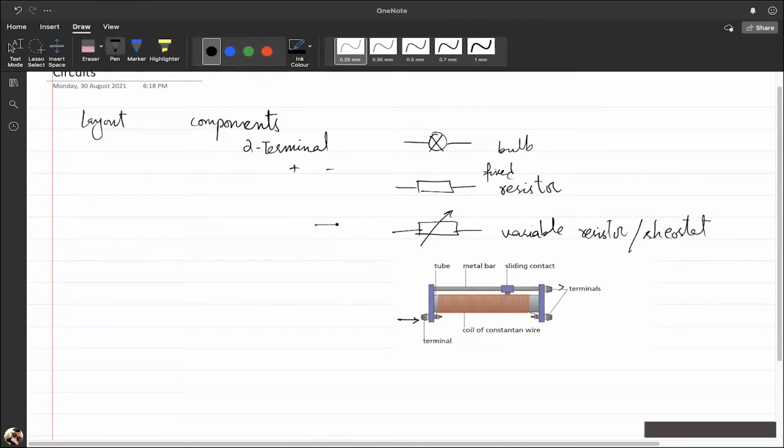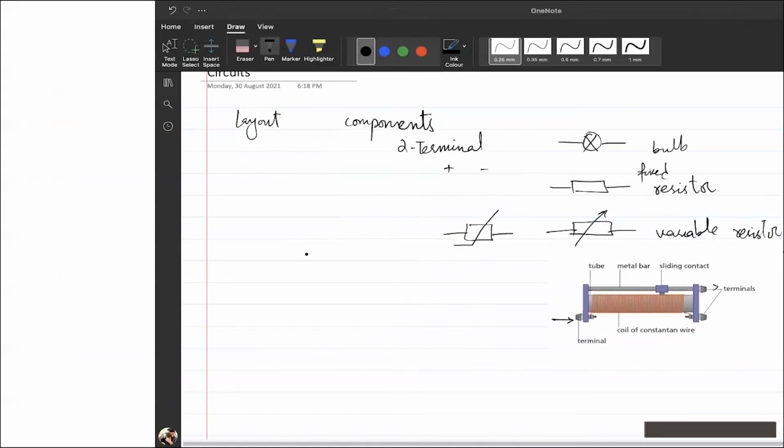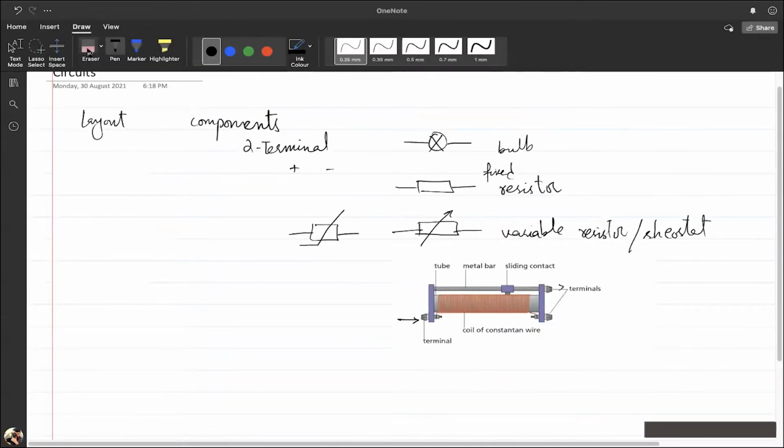We also use this symbol for it, yeah, this one, if I'm not wrong. Sorry, this is not the symbol for this variable resistor. It's a different one. That one is basically this.